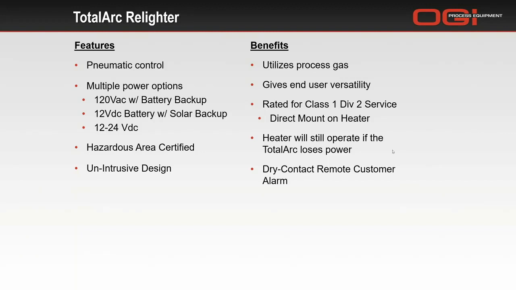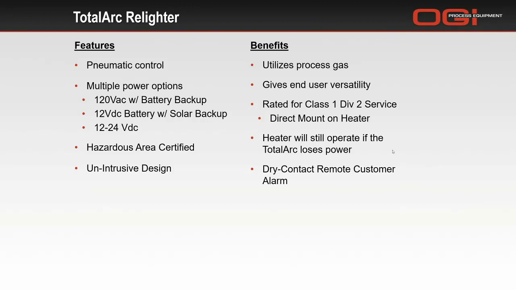Some of the benefits you have with using the TotalArc Relighter is that it utilizes the same process gas that your heater uses. It's quite versatile because you can install it in a couple of different configurations to operate your heater. And like we said before, it is rated for Class 1 Div 2, even if you mount it close to the heater.